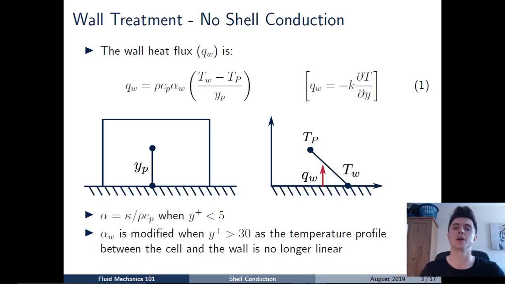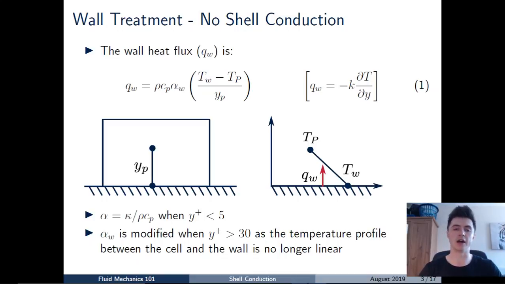So remember that this is the treatment we use if our cell is in the viscous sublayer of the boundary layer. If our cell is sufficiently small, then the true variation of temperature across the cell is linear, and we use K over rho Cp to get the thermal diffusivity. But when our cell is large, that means our cell is in the log law region of the universal law of the wall, and we modify the thermal diffusivity to account for the true temperature profile being non-linear.